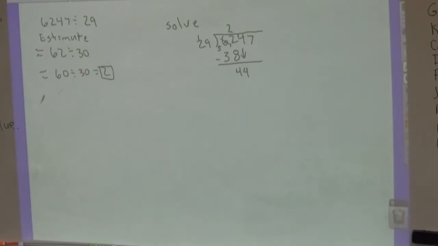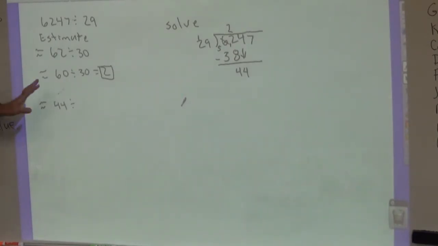We're doing another estimation now. 44 divided by, well, the same 30. We're repeatedly creating groups of 29 out of different dividends. If you look up here back at the objective, this part of the objective is being shown here.